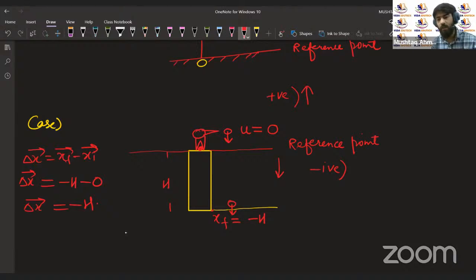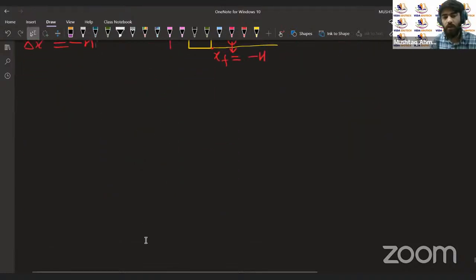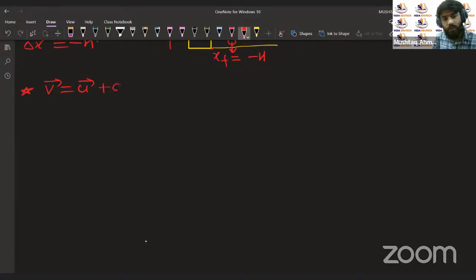So let's rewrite all these equations of motion and see how they take shape. We know that v vector is equal to u vector plus a vector into time t. Here the a vector is equal to minus g, since it's in the vertically downward direction.